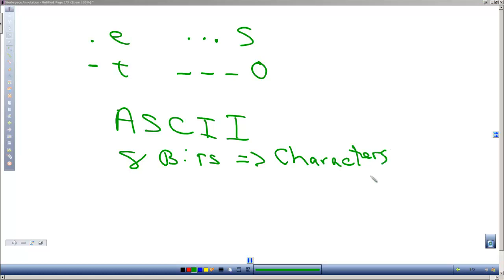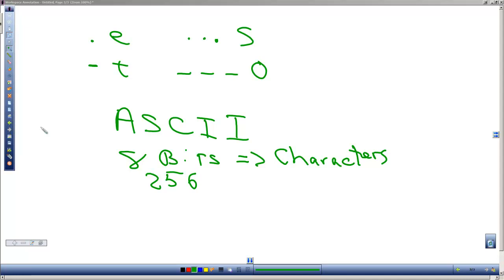We might remember from the counting that with 8 bits we have 256 possible characters, and that will handle all of the English alphabet, both upper and lower case.